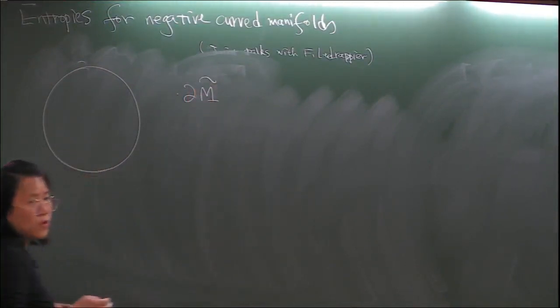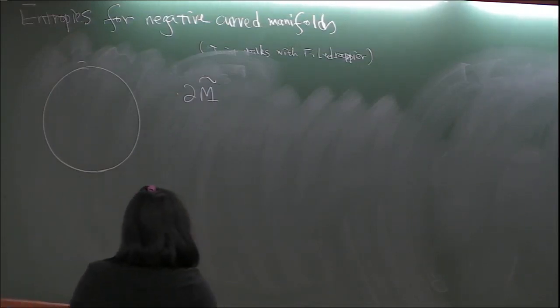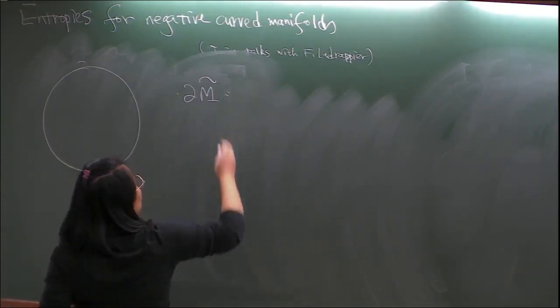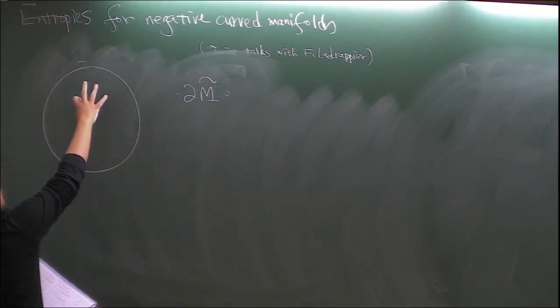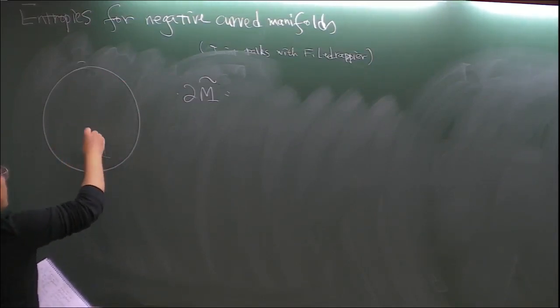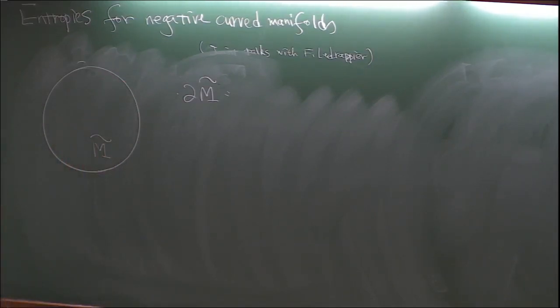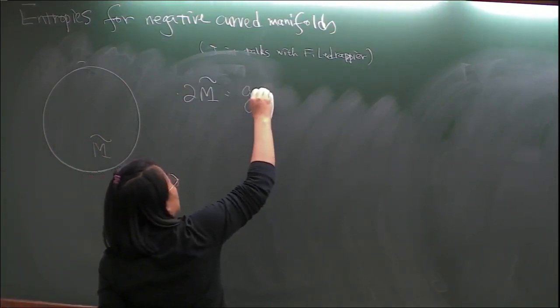We have many notations, but most of them already appeared in the morning session, so it should be fast. So one thing is you add a boundary to this M tilde, the universal cover. By boundary here, we mean the geometric boundary.